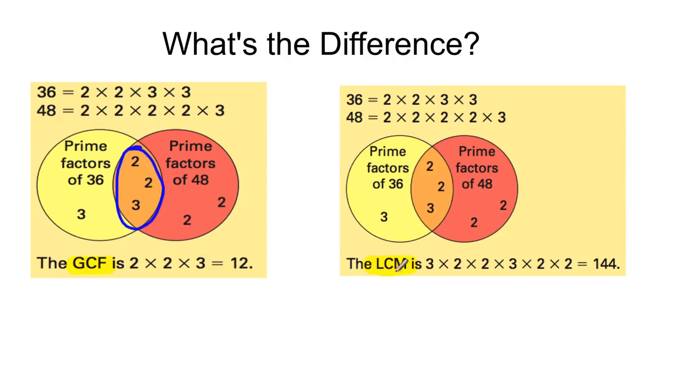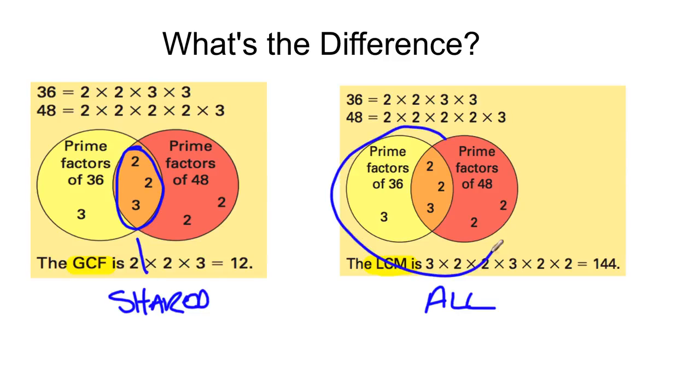For the lowest common multiple, using all the numbers, and these numbers are shared. That's what I'm talking about there, and that's what I'm talking about right here. So that's in a nutshell what's going on for this lesson.